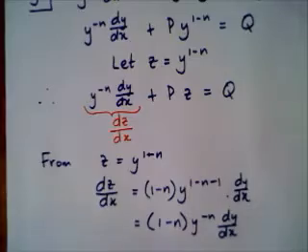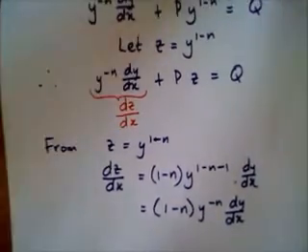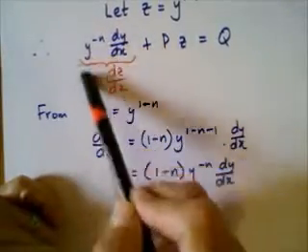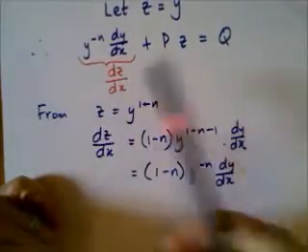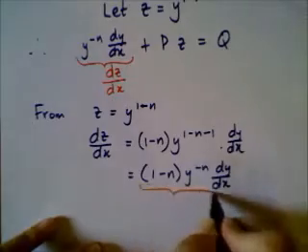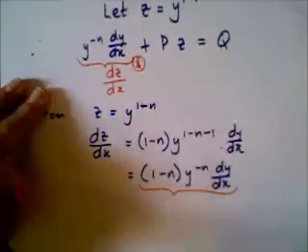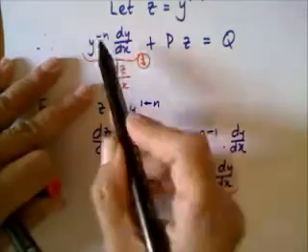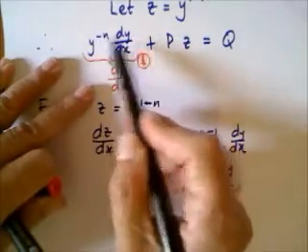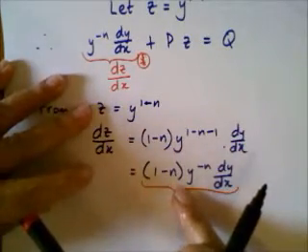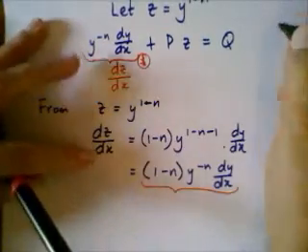Okay, so if we look at dz/dx, remember that that's what you want your first term to be. So this term here, you want to be dz/dx. If you look at the difference between dz/dx here and the one up there, the difference between those two is that at the bottom you've got 1 minus n, but you don't have it in the equation that you're trying to convert. So, because 1 minus n is just a constant value, you can introduce it to your equation.